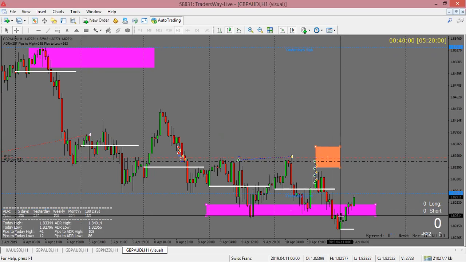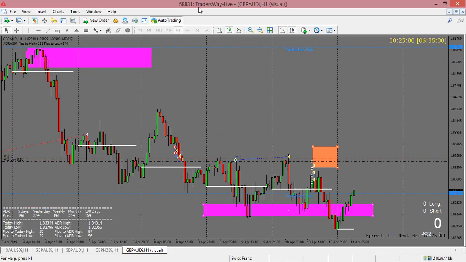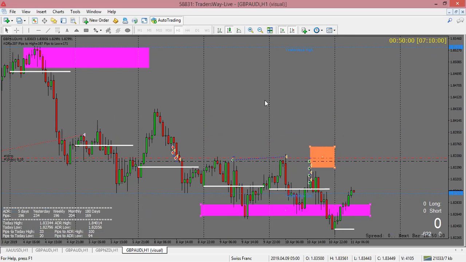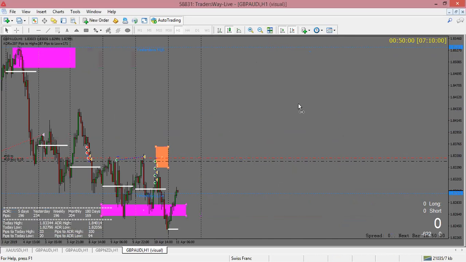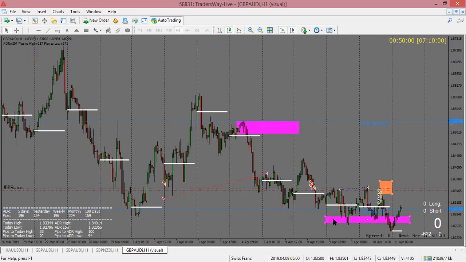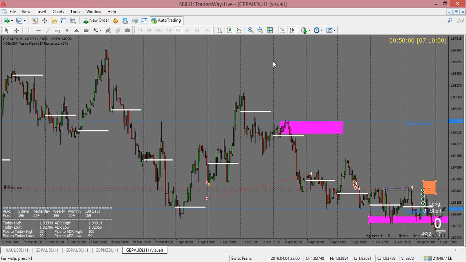Nah, I got test. Yeah. Let me pause this real quick. So if this was to break, like it just did, it looked like it's about to continue to go down, but remember, look left, trade right. When I look left, this is already hit, and I don't have nothing else for it to go to when it comes to the low, when it comes to selling.